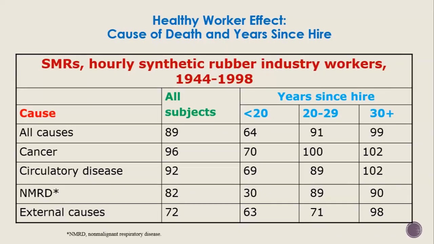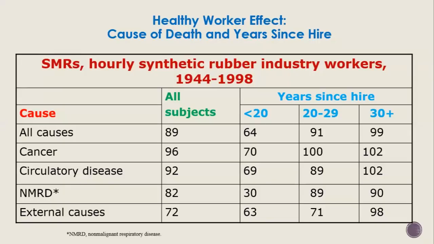There's all causes of death, deaths due to cancer, deaths due to circulatory disease, deaths due to non-malignant respiratory diseases, and lastly, external causes. And then you have the data for all subjects, and then years since hire: those less than 20 years, those 20 to 29, and those 30 plus.